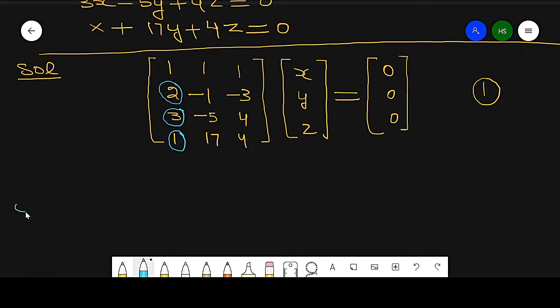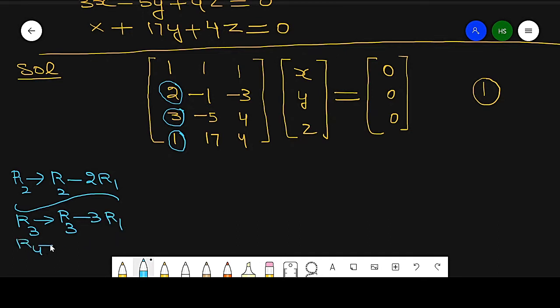In order to make these terms 0, I will apply the row operations R2 minus 2R1, R3 minus 3R1, and R4 minus R1.